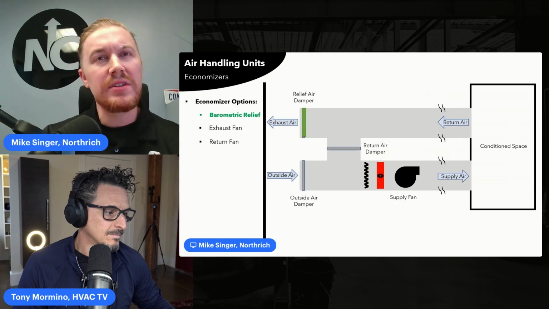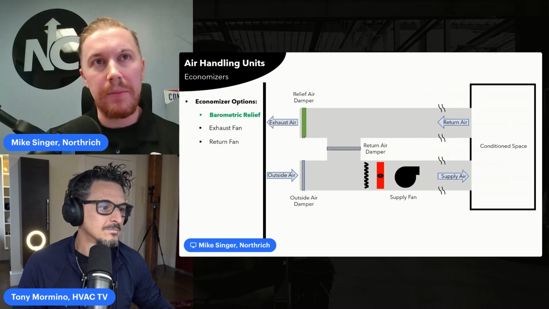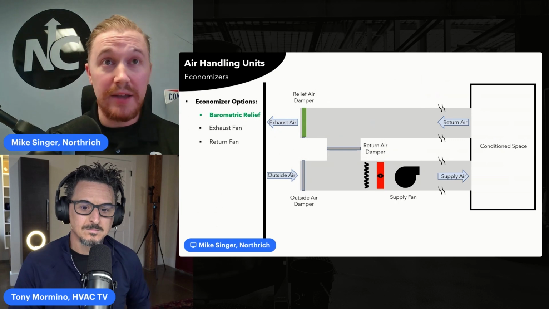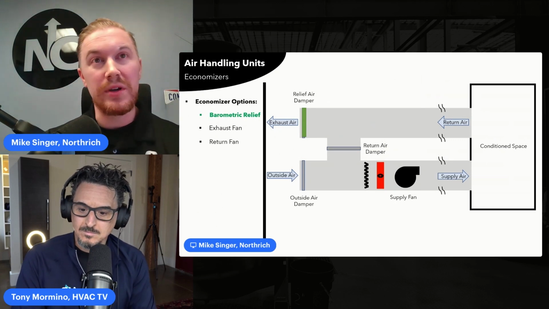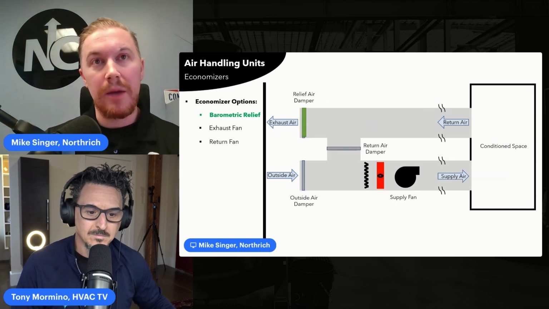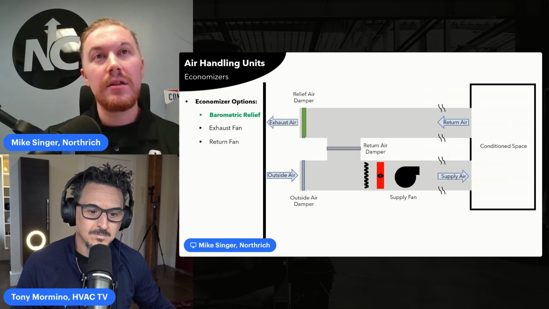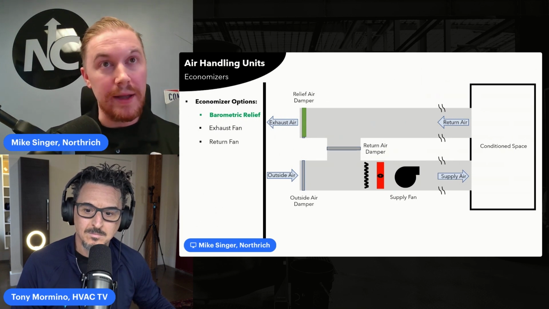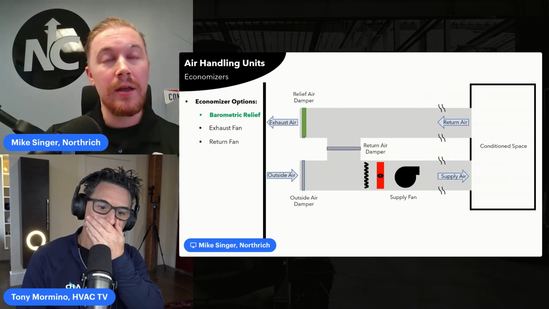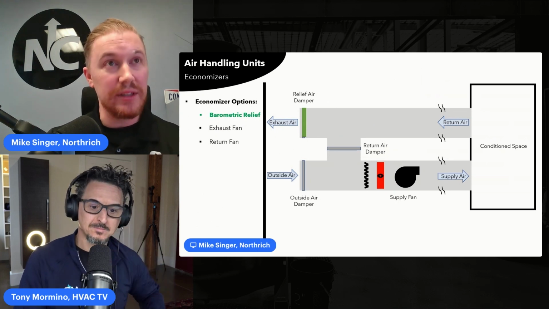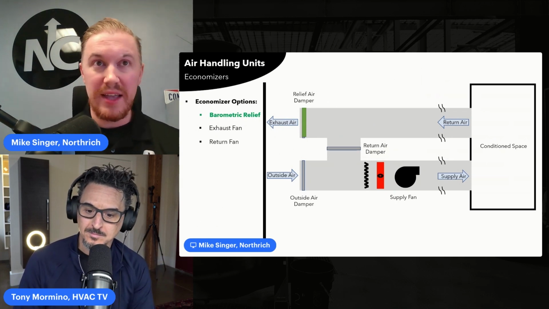And what can we say? Well, the barometric relief damper style economizer uses a barometric relief damper, which we can see highlighted in green on the upper left side. This damper is a weighted damper. It's going to open at a set pressure to relieve the building of overpressurization.